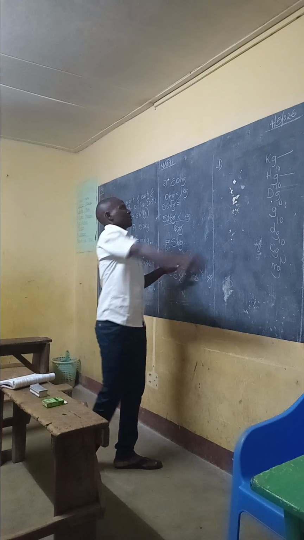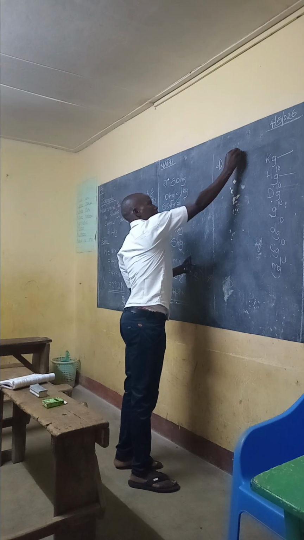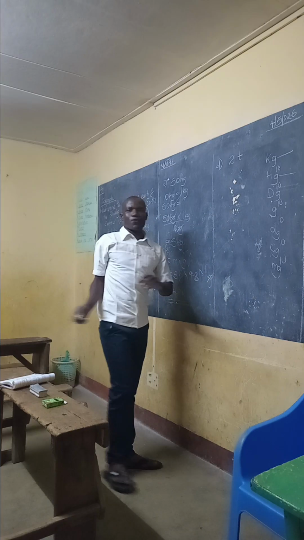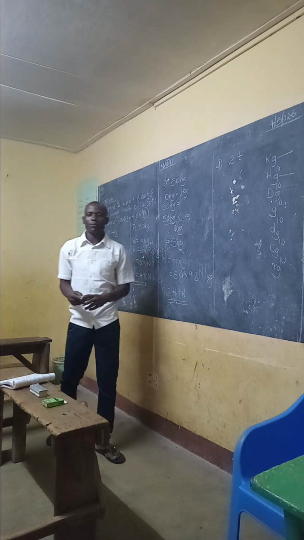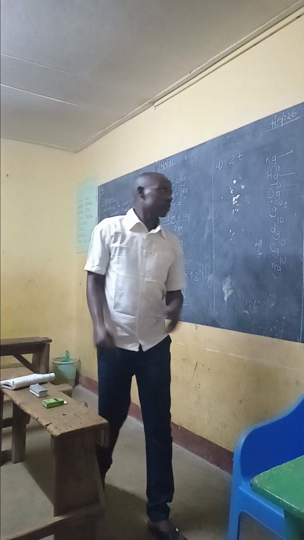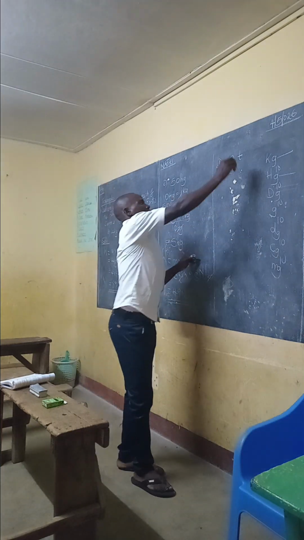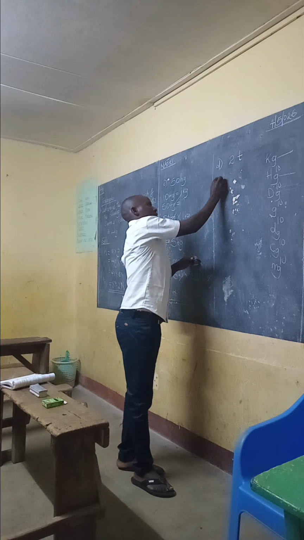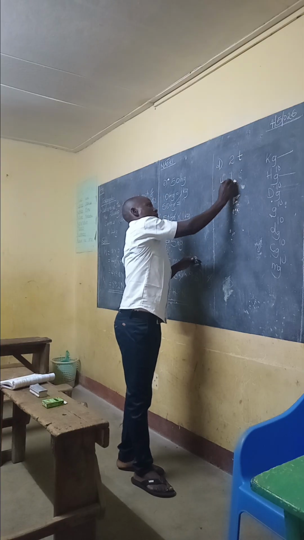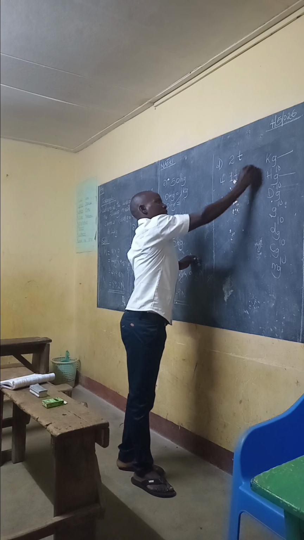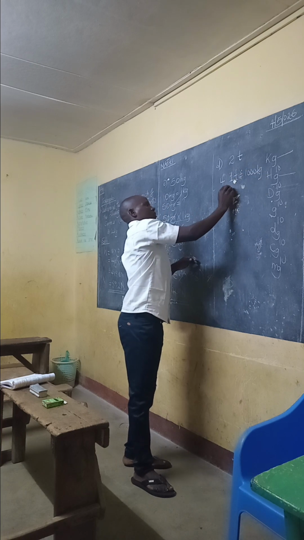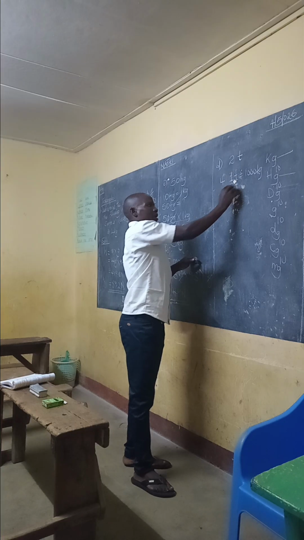Last example. Two tons. So we first convert tons to kilograms. How many kilograms make 1 ton? 1,000. So we say that if 1 ton is equal to 1,000 kilograms, therefore what about 2 tons?